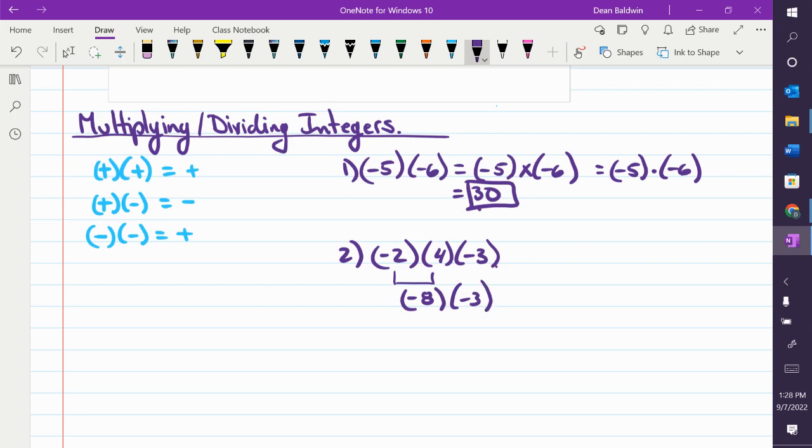So then I get -8 times -3, which is +24, right? 8 times 3 is 24. Are we getting the wheels starting to grind here? And the rust is falling off? All right.